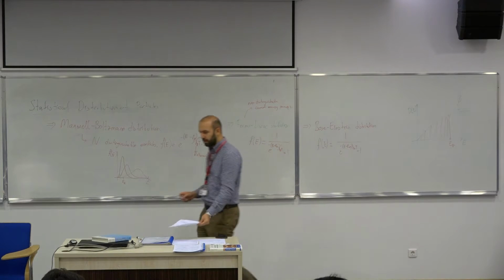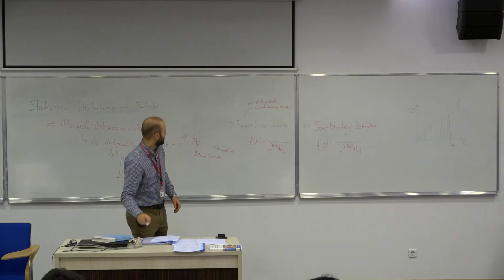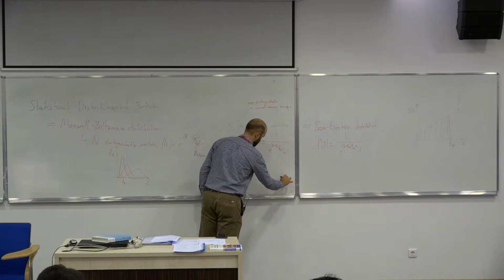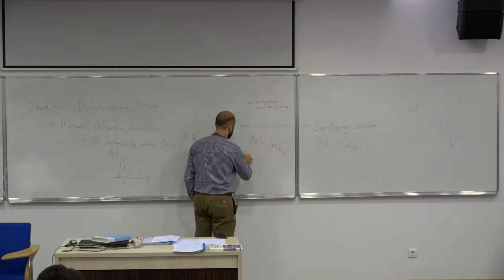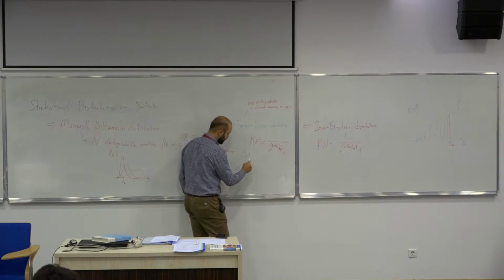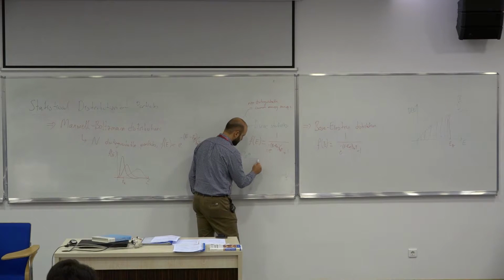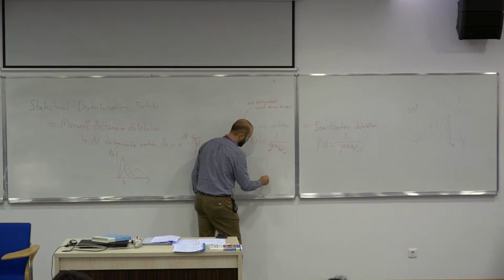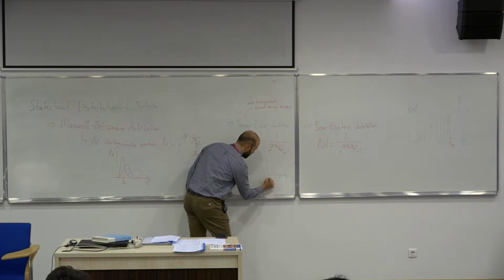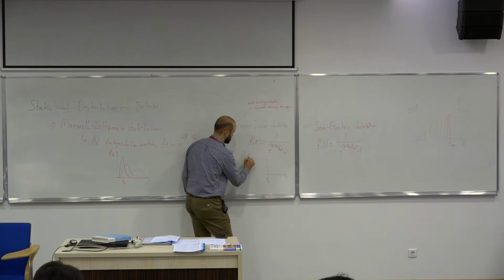Now, if you look at this, these are the energies. This is the Fe. This function looks like this. At 0 Kelvin, it is like a step function. Okay, so this is 1.